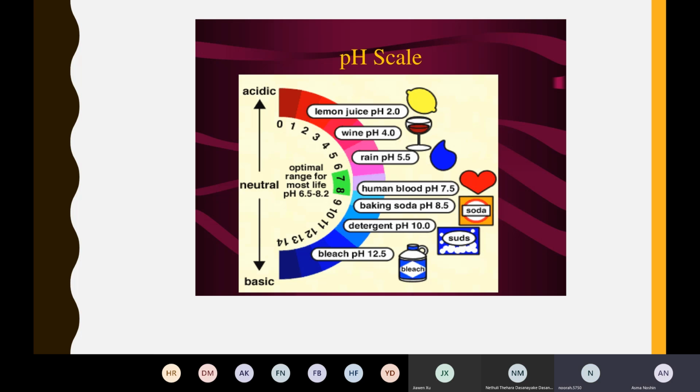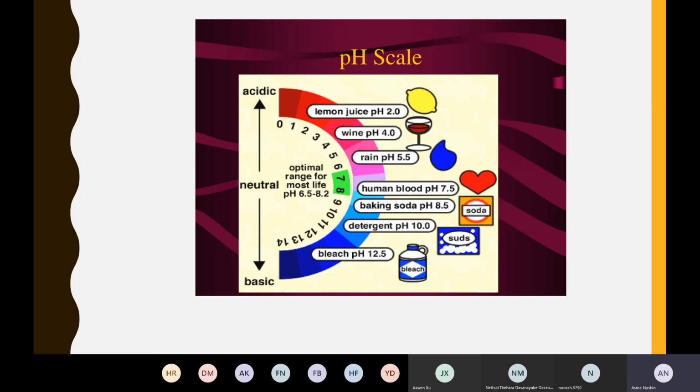So normally we consider 7 as neutral and after that weak bases come. That's why it is considered neutral, because it is a very weak base. So mostly we say 7 is neutral and above that are the basic compounds.